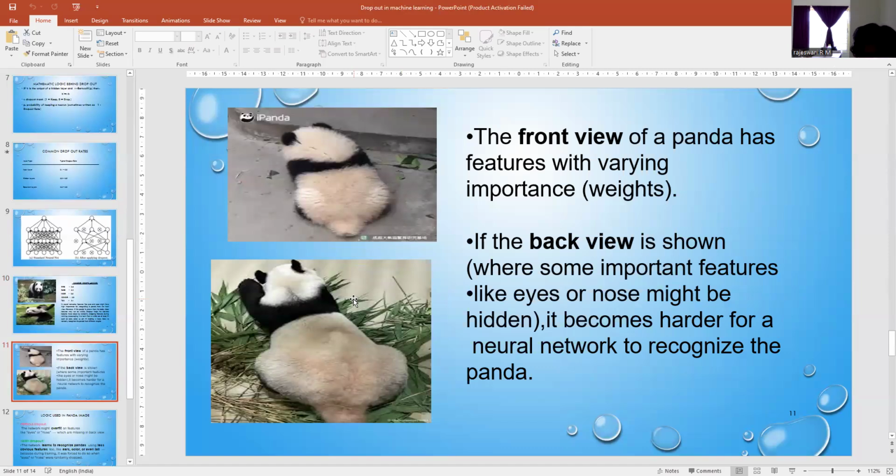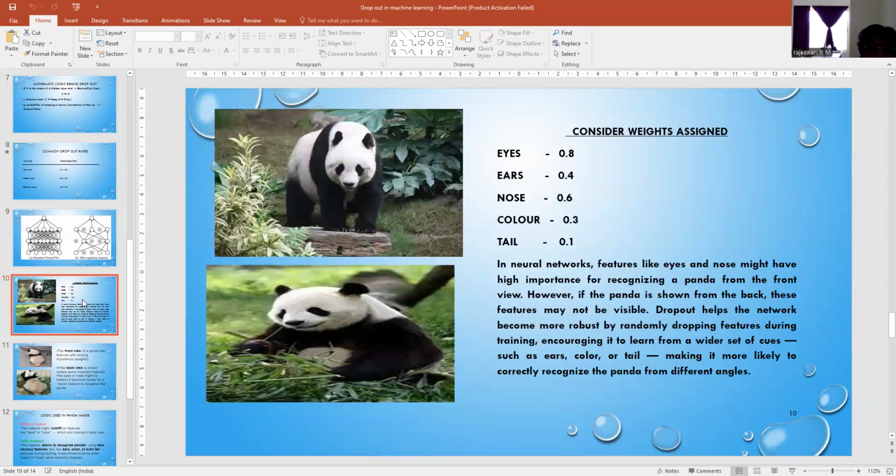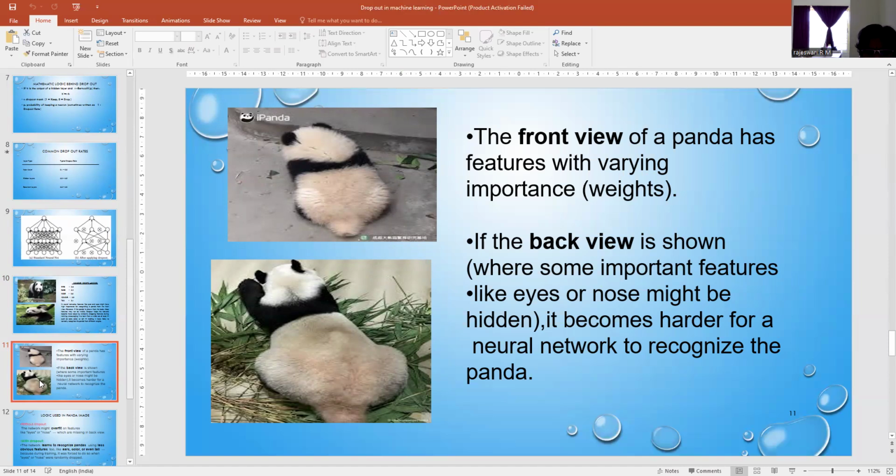But it won't happen, because I am giving more weightage to the eyes and nose, and in this picture the eyes and nose are completely hidden. So automatically, the machine sometimes is not able to identify the picture of the panda if it is shown like this. So this is why the question of dropout arises.